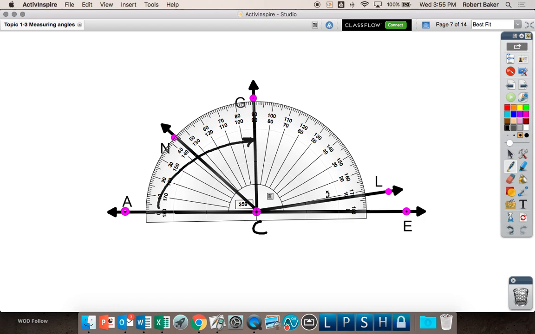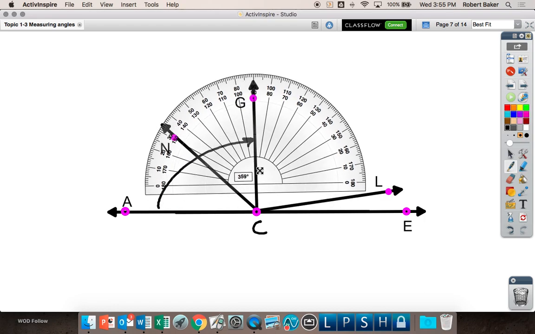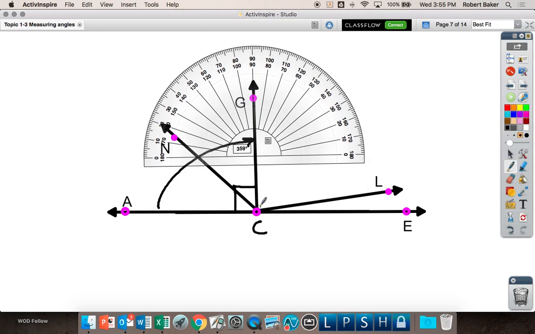Perfect. That means you're a really good drawer. If yours equals 90, then you are allowed to call it a right angle. If it's 89, you can't do that. If it's 91, you can't do that. It has to be exact. 90. That's pretty nice. Okay, I think we're right.